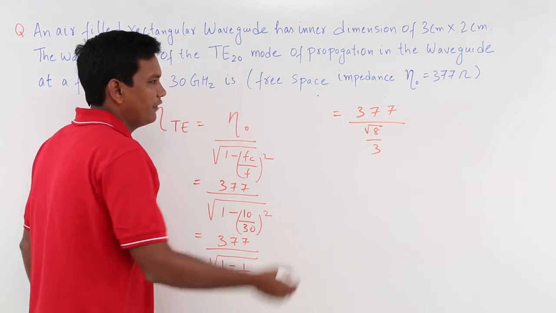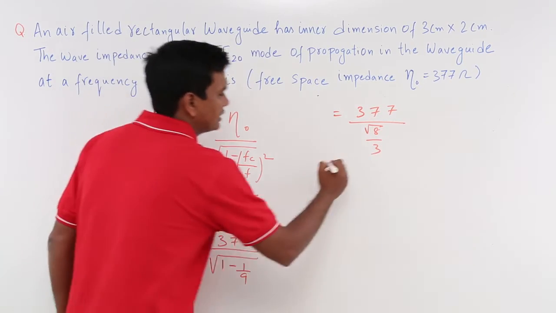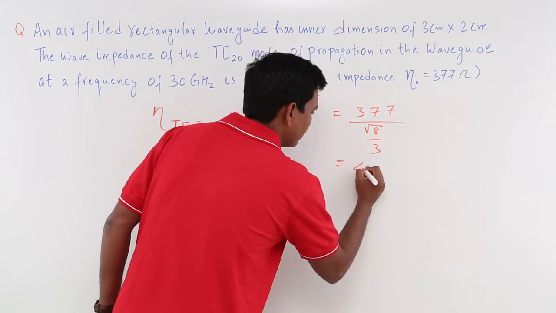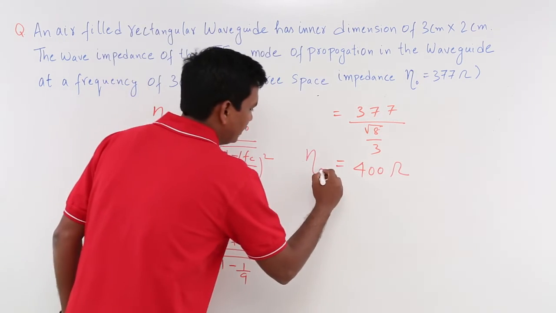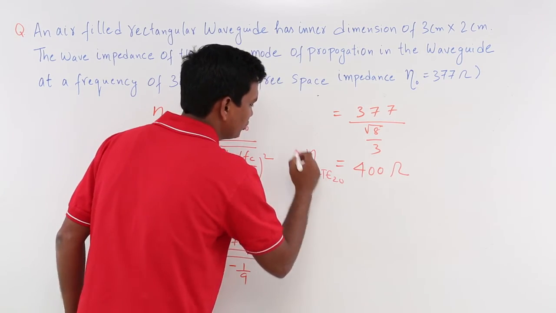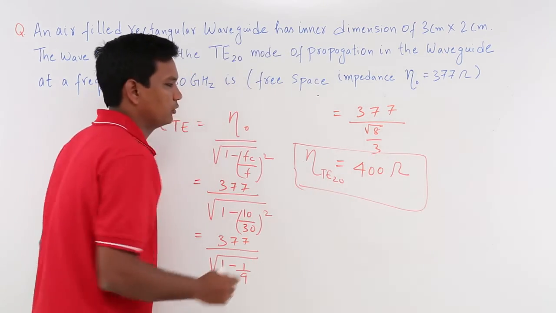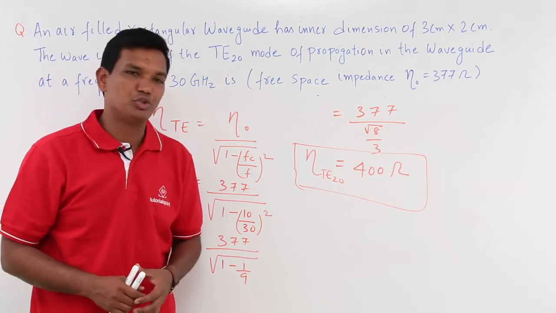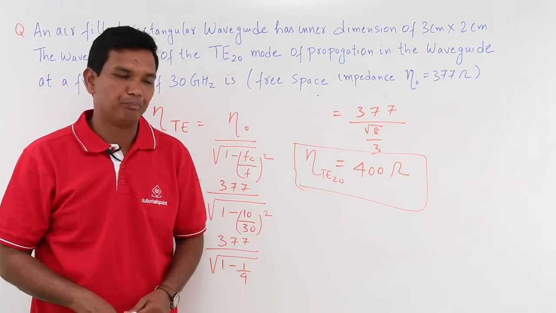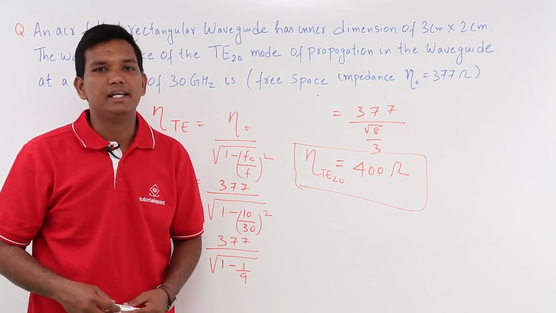This is how it is. If you solve this, what you will get is approximately 400 ohms. So eta in case of your TE20 mode comes out to be 400 ohm. So we have found the impedance in case of your TE20 mode, which comes out to be 400 ohm. We will see more problems in the next videos.